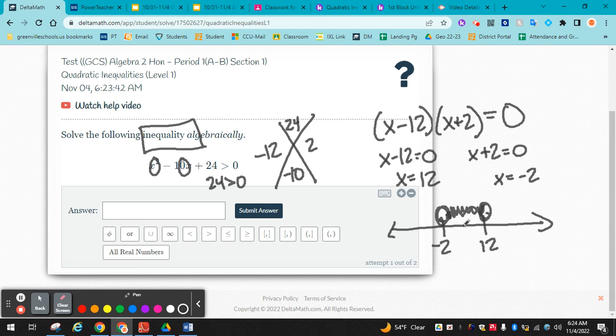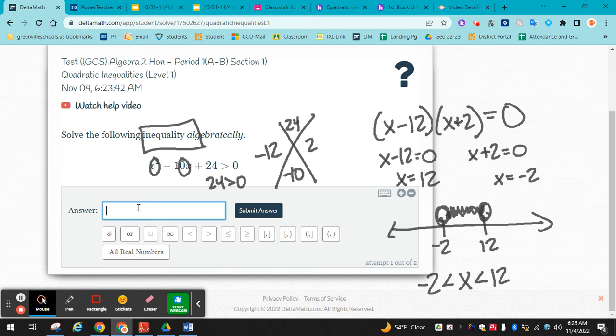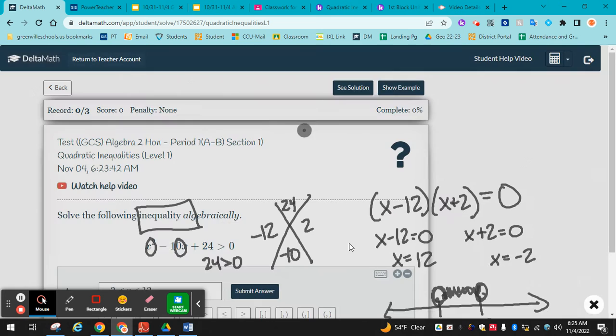If we're writing inequality, like they like, that's the symbols. So -2 less than x, less than 12. It really helps to see it graphed.